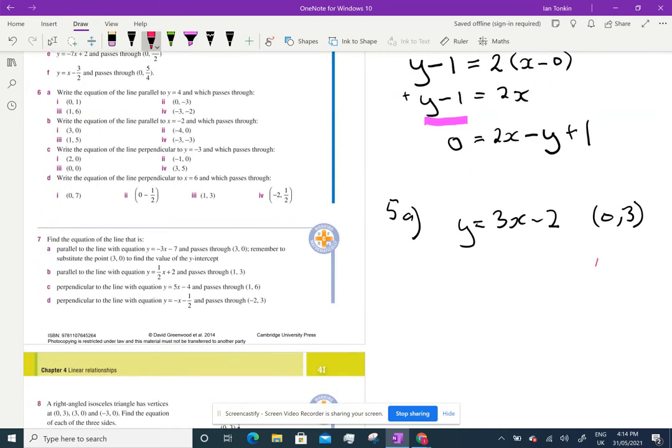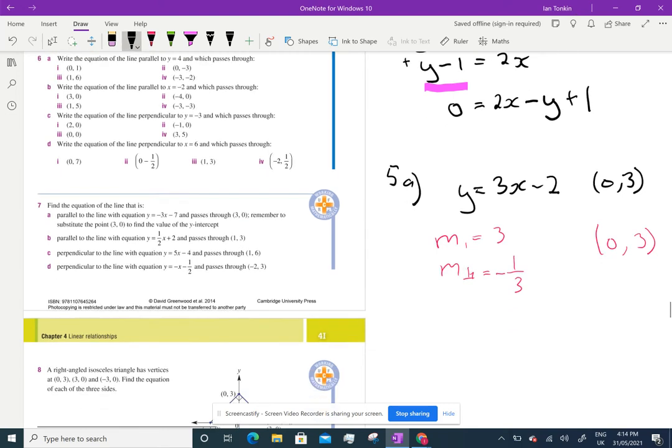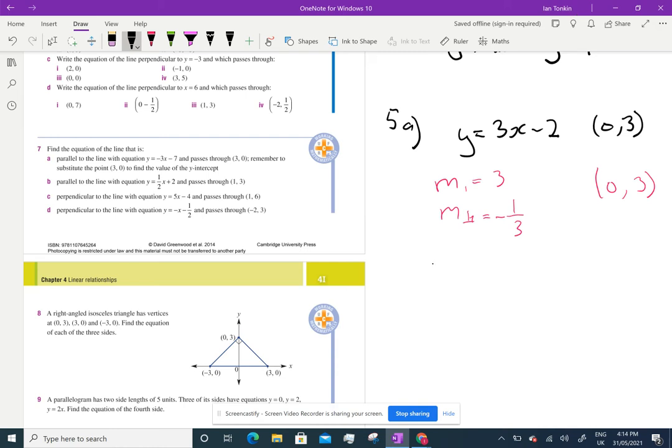Well, I've got my point 0, 3. This gradient equals 3, but I need the perpendicular gradient. So I flip it and I change the sign. So now I've got a point and a gradient. So y minus the y value, 3, equals negative a third x minus the x value, 0.